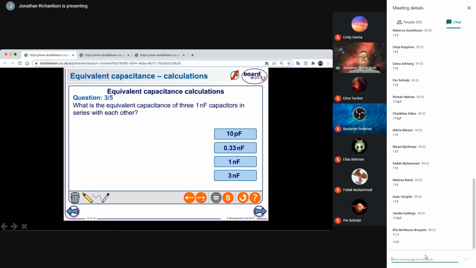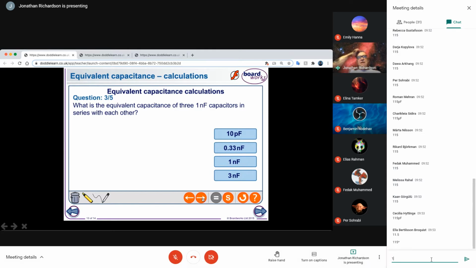Now, the next combination is 3 1 nanofarads. Remember, nano is 10 to the minus 9. So this time we've got 3 1 nanofarad capacitors connected in series. What will be the total capacitance?